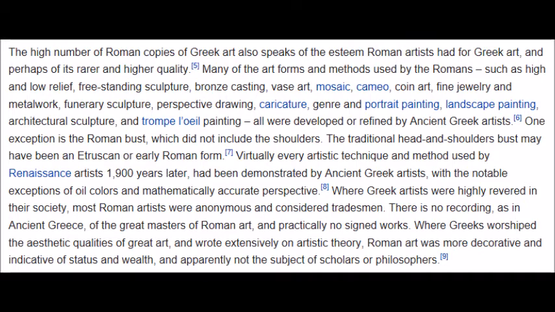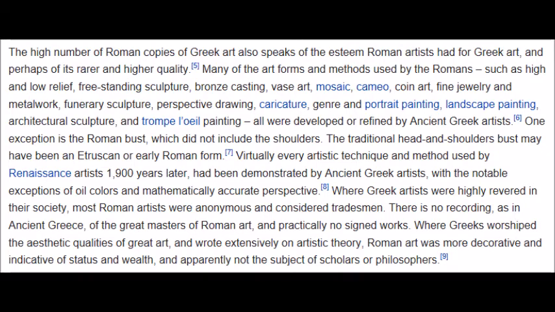So, I'm going to mention this comparison with ancient Greece. The high number of Roman copies of Greek art also speaks of the esteemed Roman artist's hand for Greek art, and perhaps of its rarer, and the point I made, Alan, higher quality. And I know you don't like me saying that.